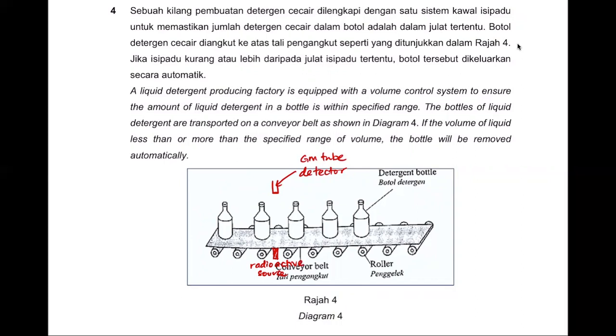Okay, so hold on, do some correction here. The radioactive source, because this one is vertical, so the detector should be placed opposite it. So this is the radioactive source.